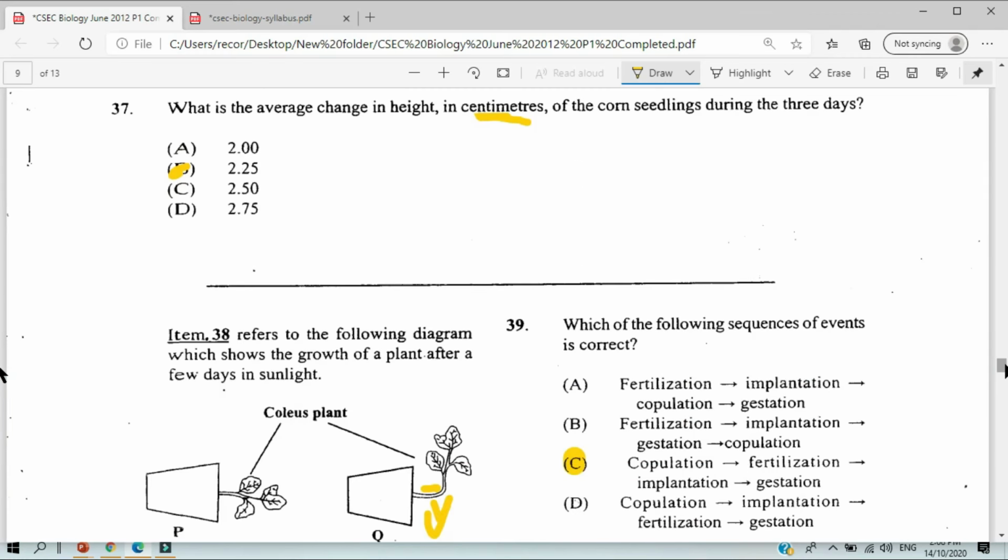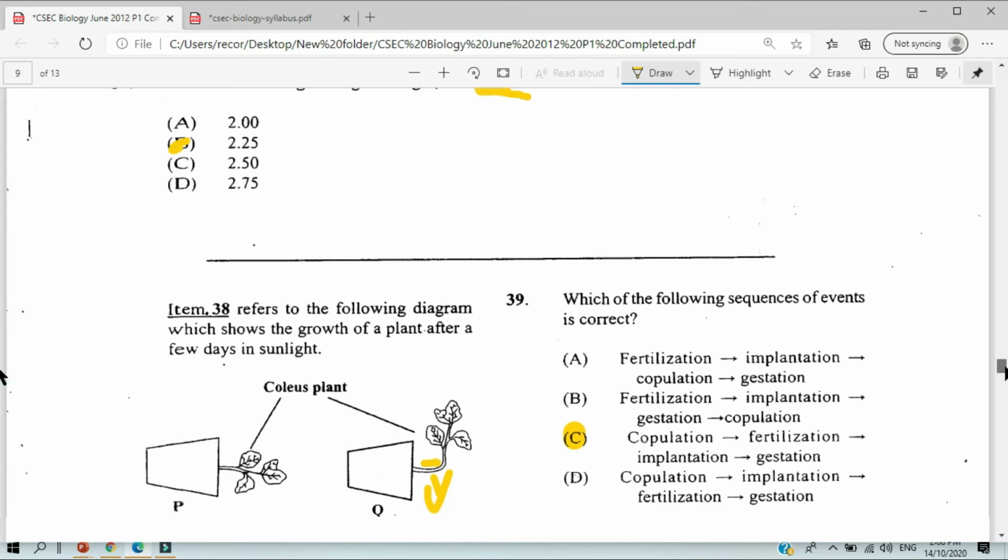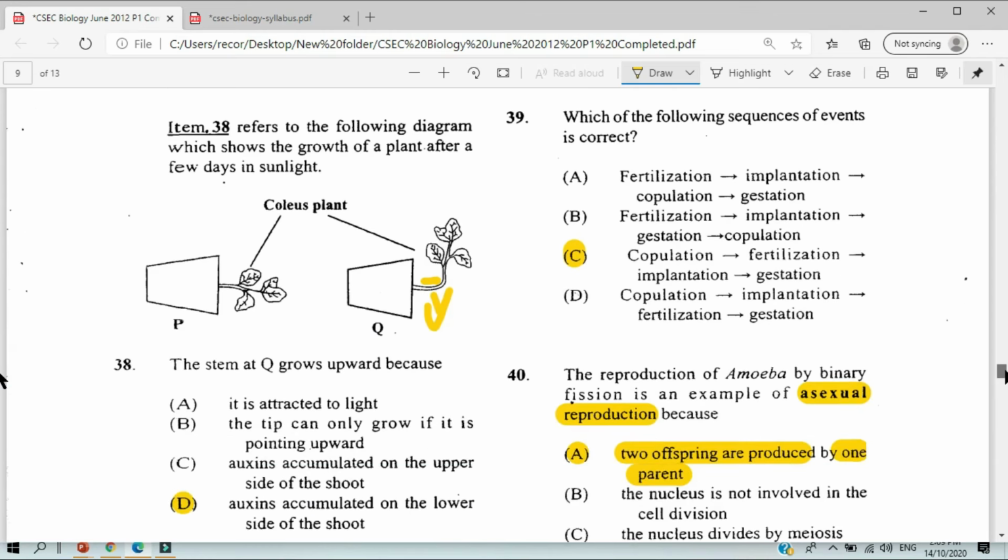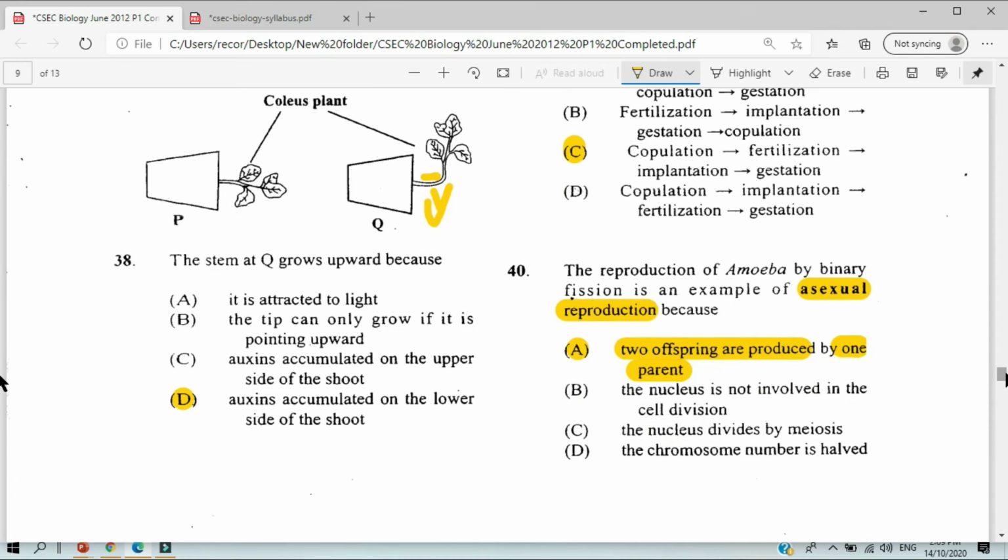Alright, so we go to question 39. Now, which of the following sequences of events is correct? We chose C. What we're going to be having: copulation first, then fertilization, then implantation to gestation. Alright, that's an easy one, that's textbook. 40.